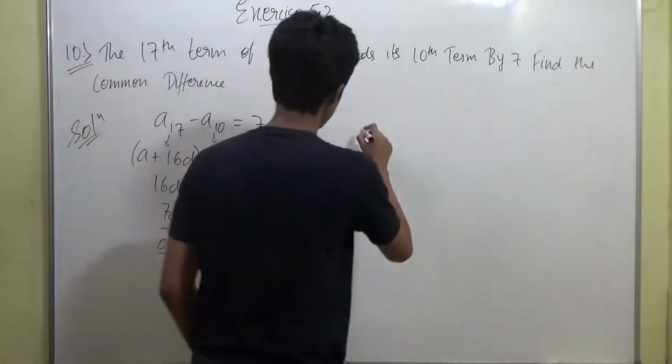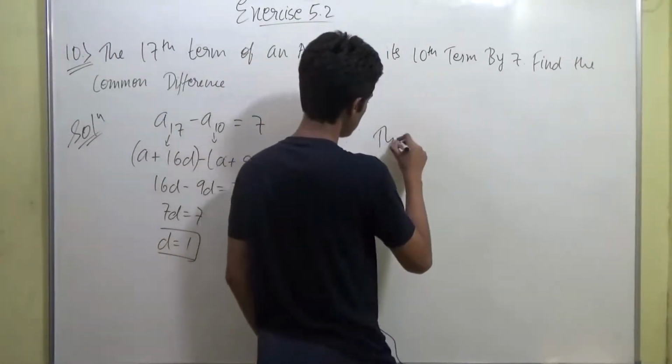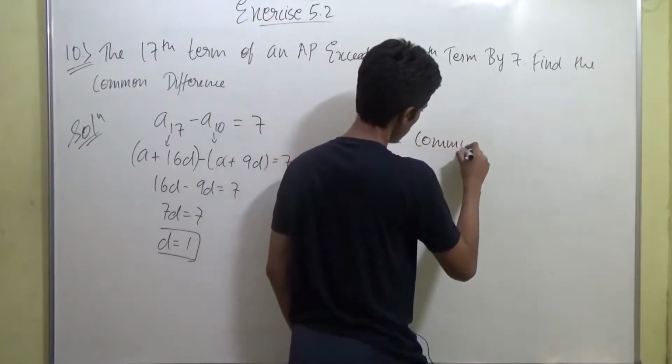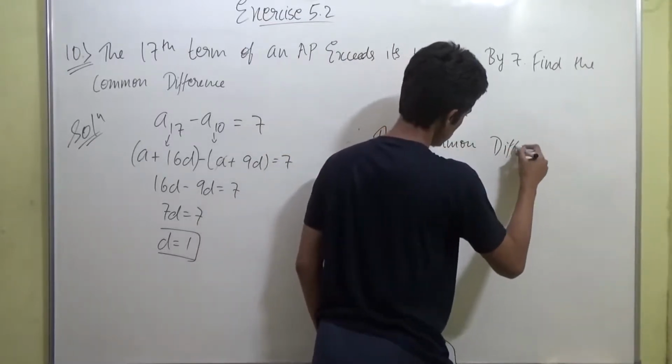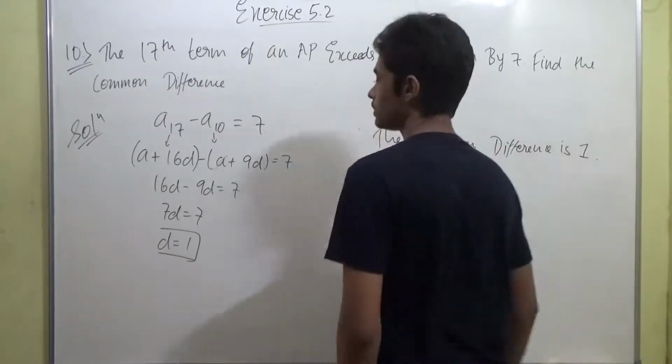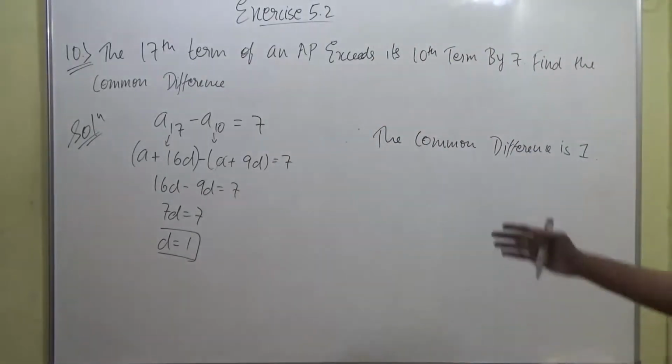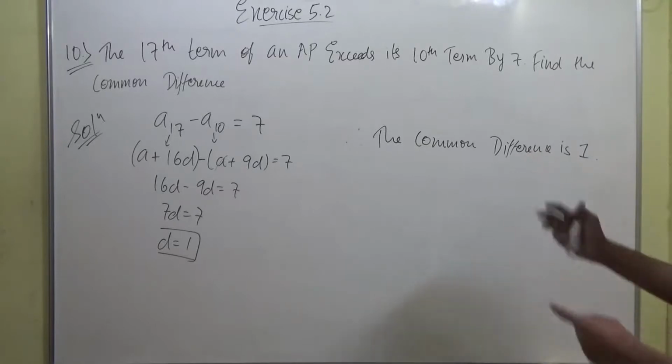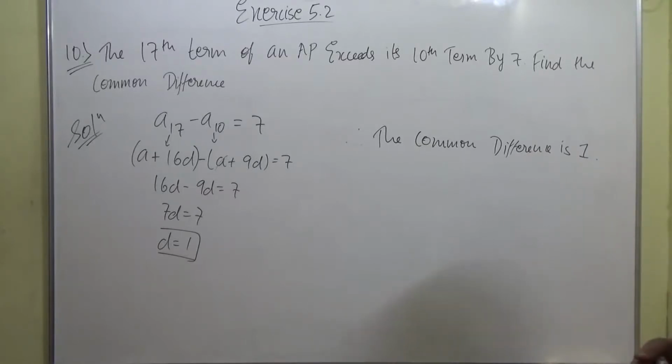Therefore, the common difference is 1. As simple as that, guys. It's a very short question, and even the answer is quite short. That's it, guys. This might come for like 2 marks actually, not more than that. Okay, guys. Now you can take the screenshot of it.